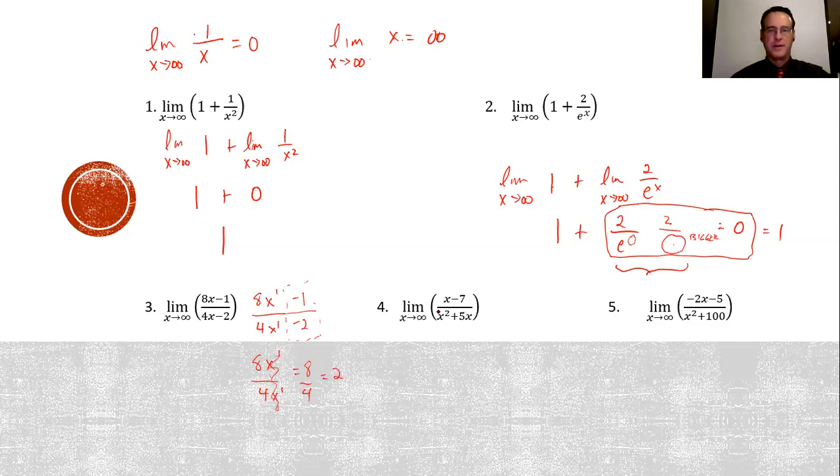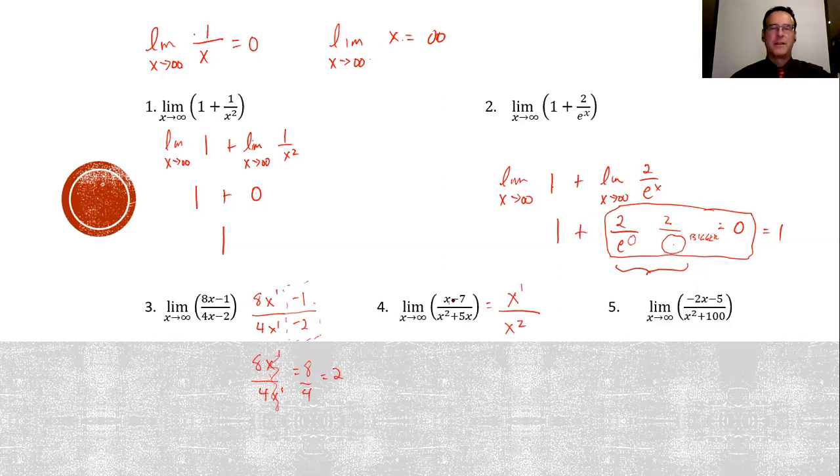Sometimes when you consider all the items that you have here, the x on the top, in the numerator, has a power of 1. The highest power you have in the denominator is x squared. So you have to ask yourself, which will increase more quickly?